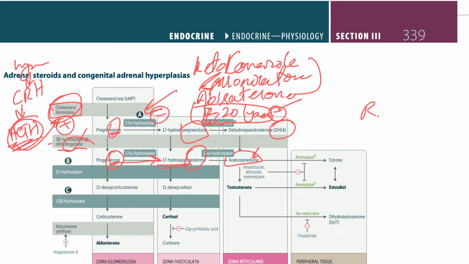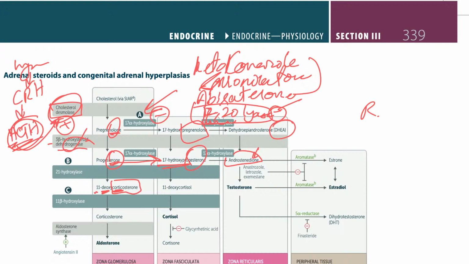Progesterone then goes down in formation of 11-deoxycorticosterone. If you take a look at this one, it has a part of cortisol, for example, corticosterone.